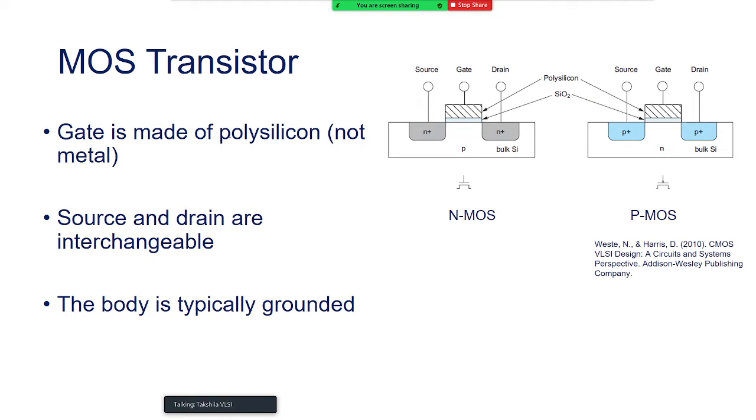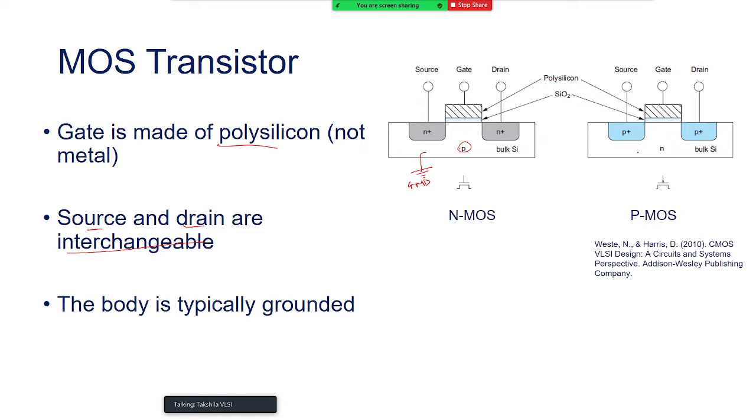As I said, the gate is nowadays made of polysilicon, not metal, and source and drain are interchangeable because of the symmetry. Now the body is typically grounded. It means when I design the circuit using these transistors, I will connect the body of the NMOS to the lowest potential in the circuit, usually ground.